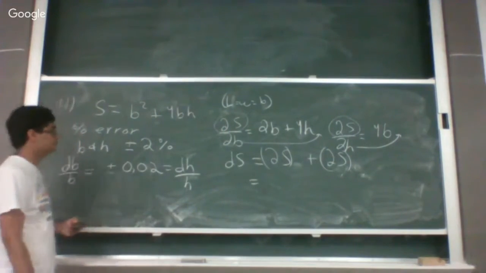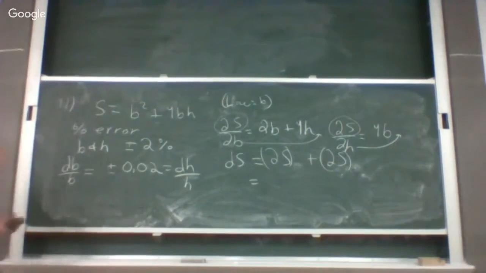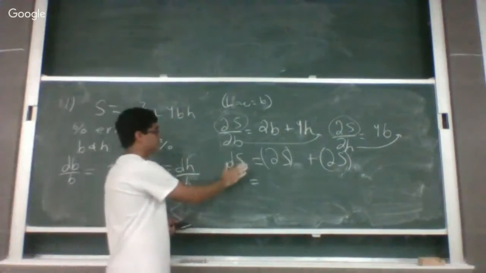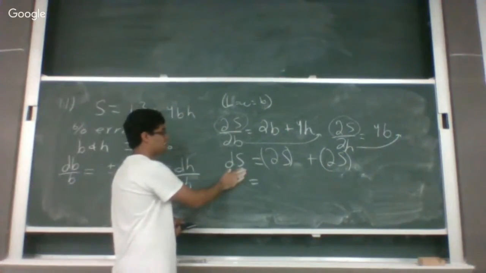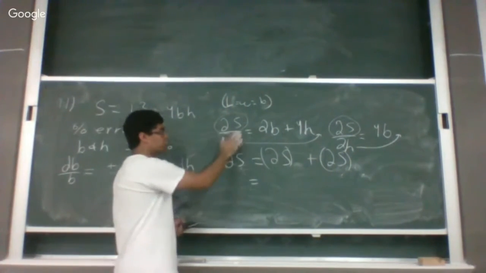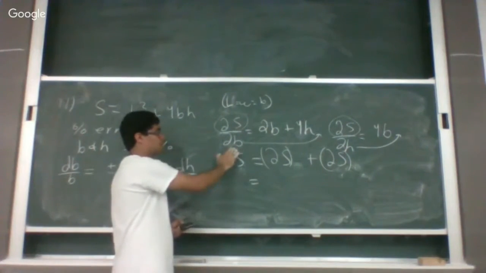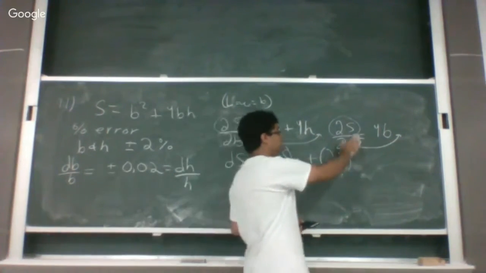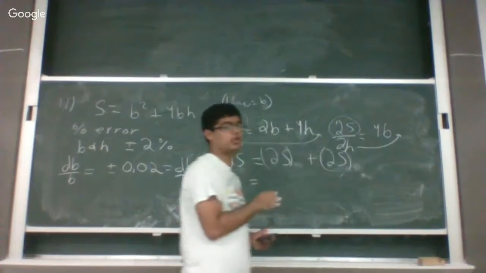Okay, let me look. So we have to find the change in S as a whole, right? We have equations for partial of S divided by partial of B, and we have equations for partial of S divided by partial of H, okay?